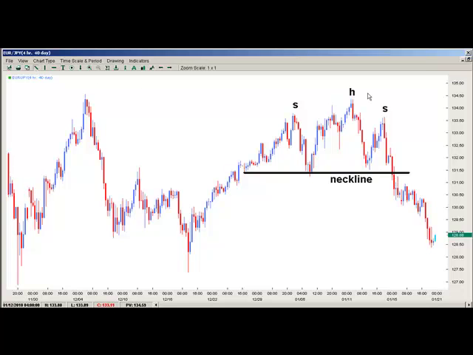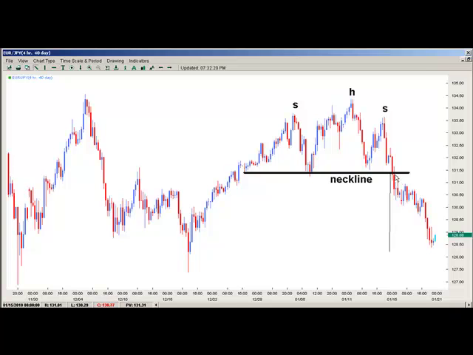And what you have is, you can draw a minimum price target by coming from the top of the pattern down to the neckline. Take that measurement and project it downward. If you don't have something like this in your charting package, note the price up here, note the price down here on your chart, subtract those, and you'll have the number of pips.